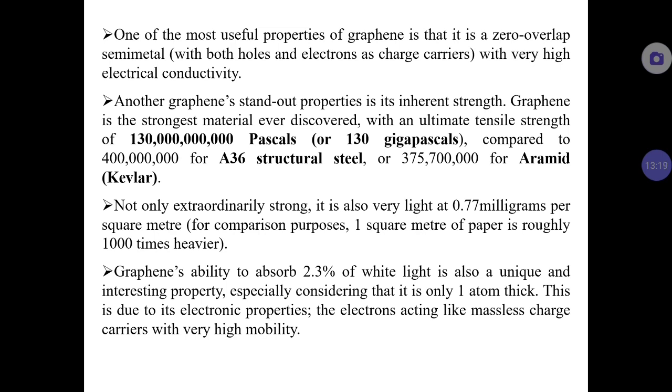Only certain materials have that property, and this material possesses very good white light absorption, mainly due to its electronic properties. It has both holes and electrons as charge carriers, with the electrons acting like massless charge carriers with very high mobility. That is the reason why this white light absorption is possible.